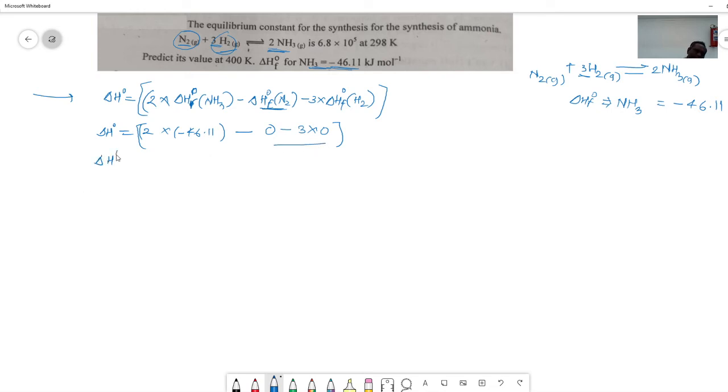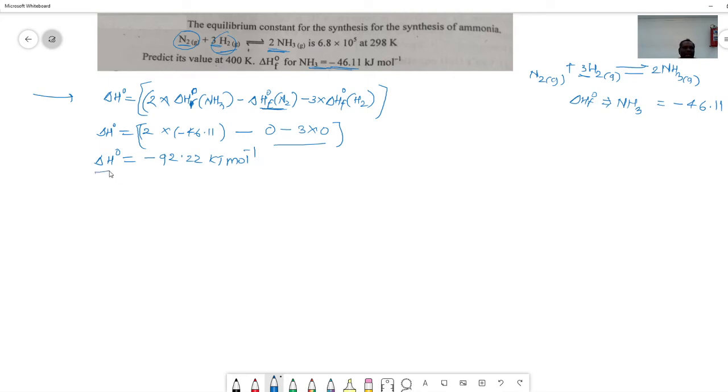So delta H0 is equal to 2 into minus 46.11, which by simple multiplication comes out to be minus 92.22 kilojoule per mole.